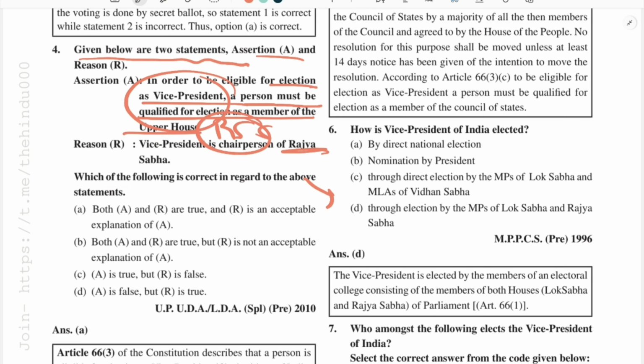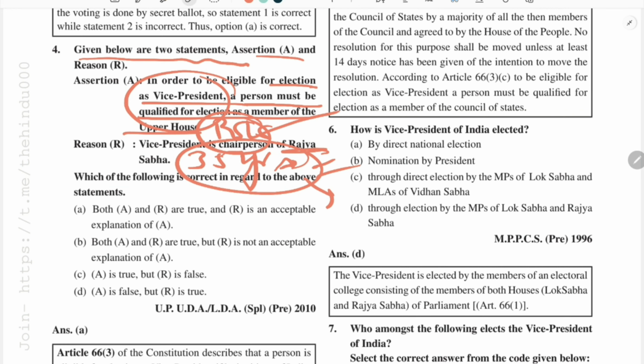He must be qualified for election as a member of Rajya Sabha, and we know that for a member of Rajya Sabha, 35 years is the basic criterion, and for a member of Lok Sabha it is 25 years. So the basic criterion you have to remember is that he should be eligible to contest election as a member of Rajya Sabha, and automatically you can guess the age. And these are the basic criteria.